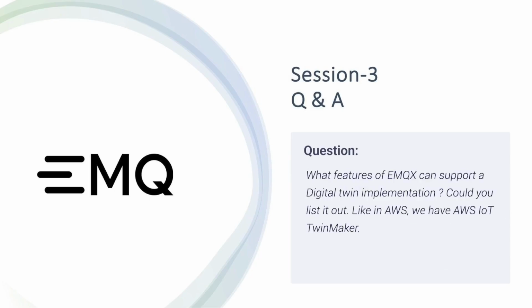Okay. The next question is regarding what features of EMQX can support a digital twin implementation. Could you list them out? Like in AWS, we have AWS IoT TwinMaker. I'm not very familiar with IoT TwinMaker, so I'm just Googling it to see what kind of features it provides.